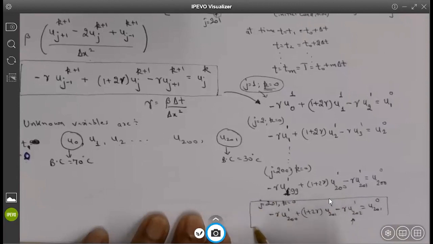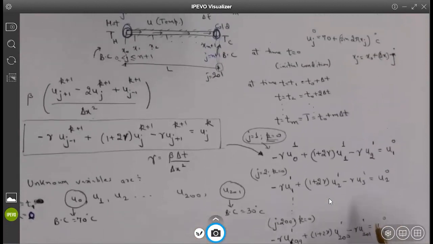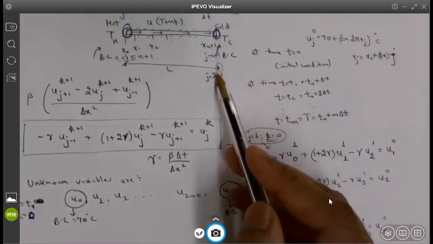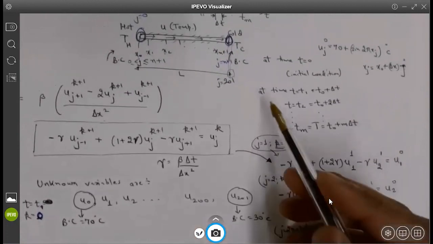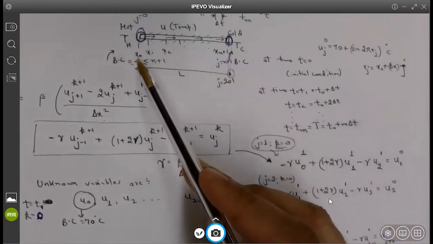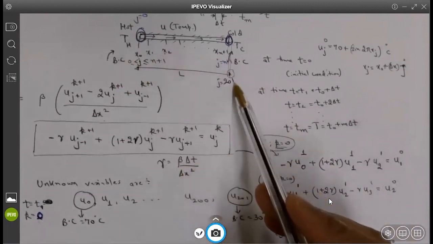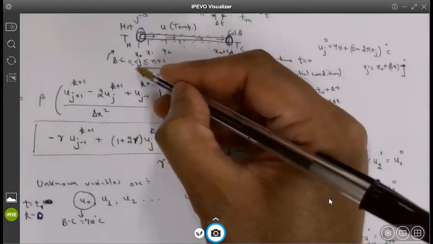For this specific part, I don't have this term because I'm exceeding my boundary. My boundary stops at 201. So I cannot go to 202. This is already known to me, so I don't need to consider that. Even if I consider this, I will end up with an equation where the temperature at 202 is undefined because there are no 202 terms here. It only goes from 0, 1 up to 201. Are you getting what I'm saying?